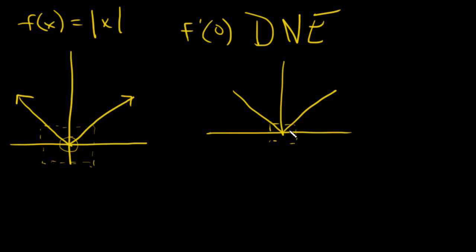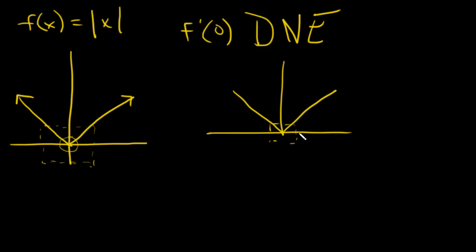The left-hand slope does not match the right-hand slope, and we found out a long time ago that if the limit as I approach from one side doesn't match the limit as I approach from the other side, the overall limit doesn't exist, and so it does not have a slope at that point.